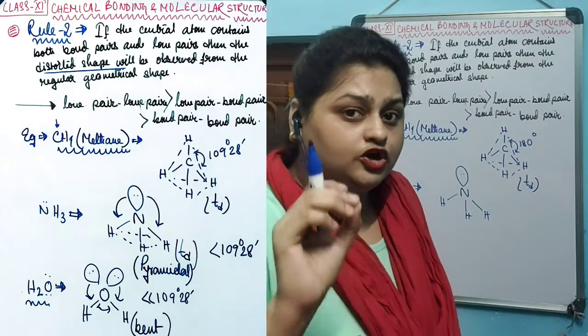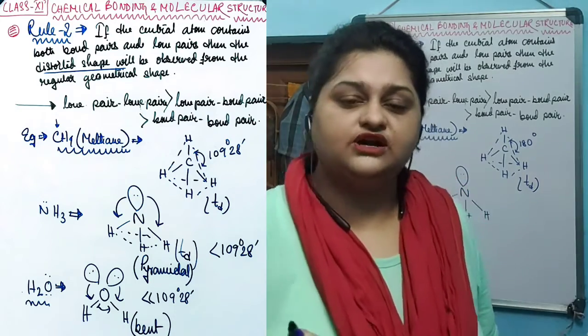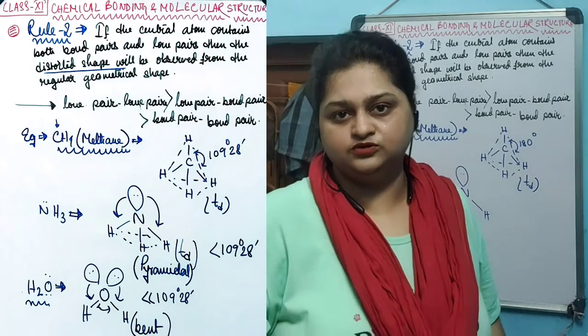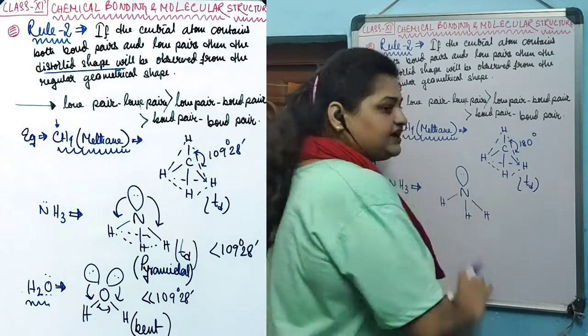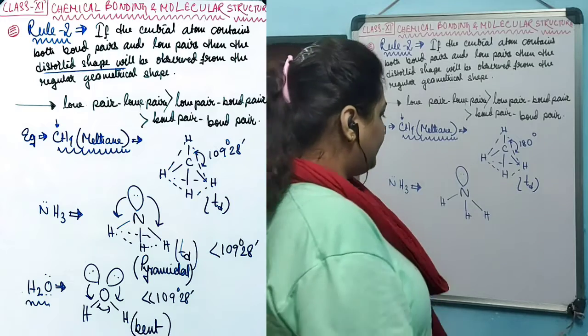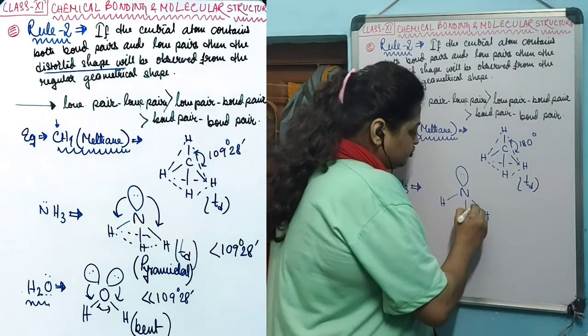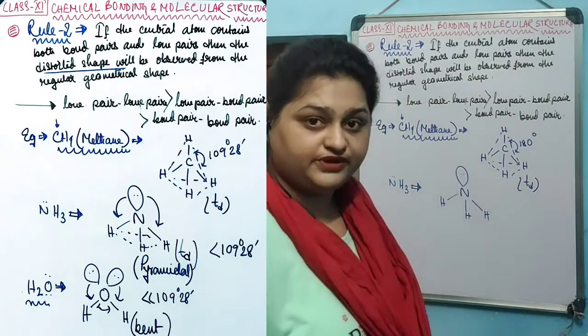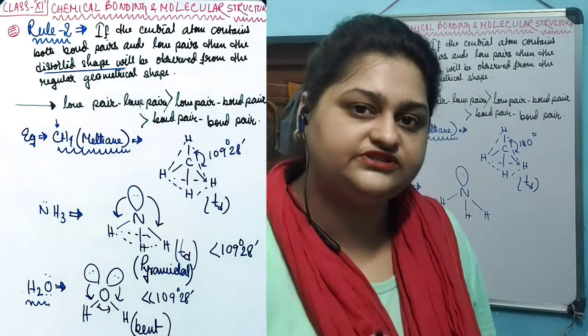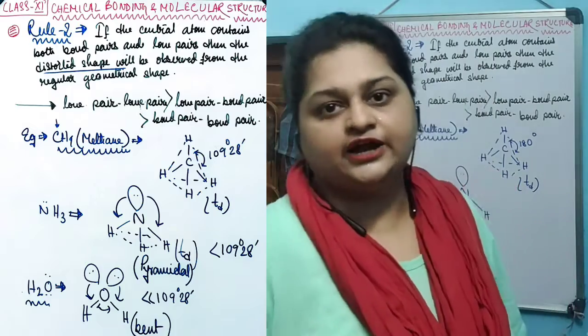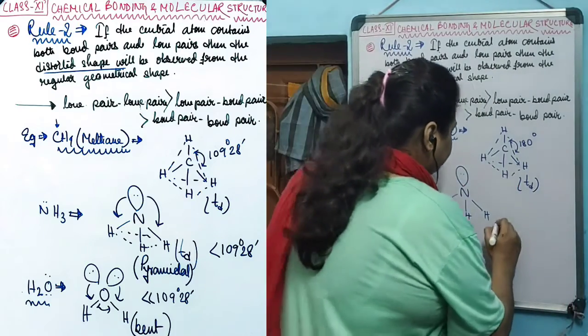Now, as we need to determine the shape of the molecule, we know that not only the bond pairs, we need to consider all the electron pairs around the central atom. The central atom in this case is nitrogen, and it has 1, 2, 3 and 4 electron pairs, and we know that if 4 electron pairs are situated around the central atom, the structure we will get is tetrahedral.